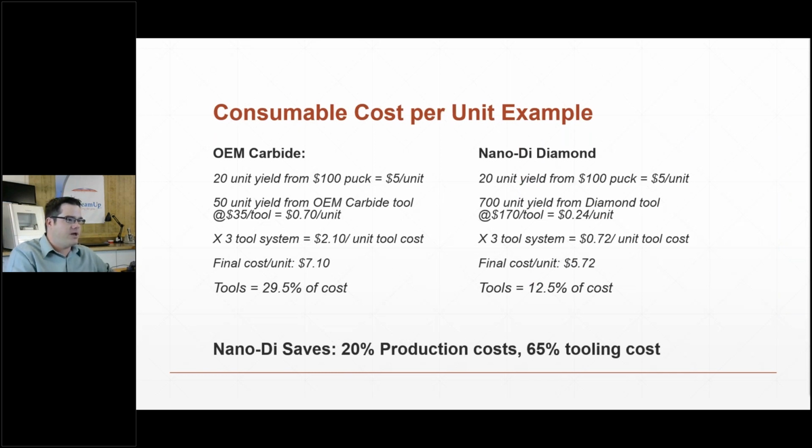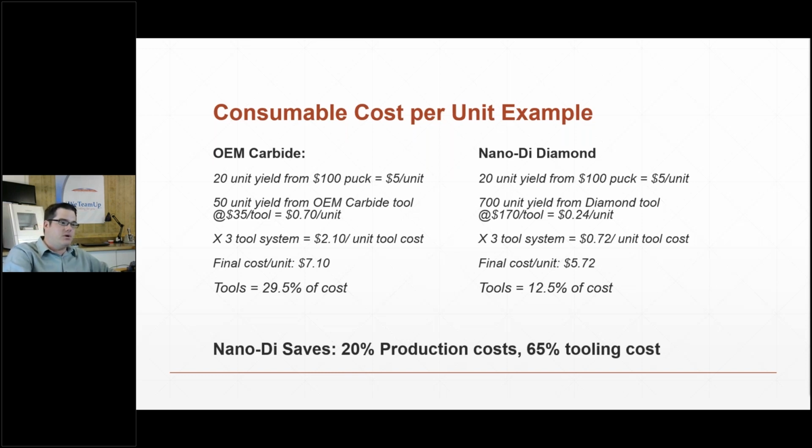That we're looking at. And on the left, I've got a 20 unit yield out of a $100 puck, which, amazing, you can get a $100 puck nowadays, but they're out there. And you can see at the end that the tool with a 50 unit yield is a very significant portion of the cost at around 30%.